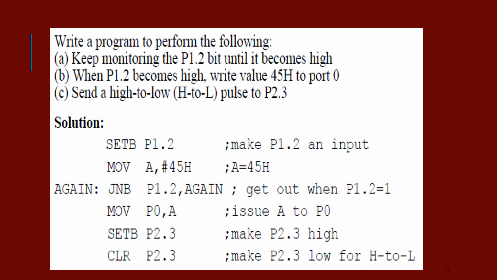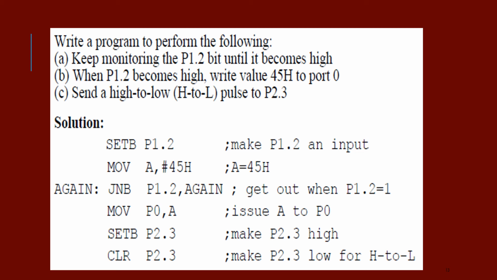So it will monitor the status of P1.2 and then repeat, jump if not bit, otherwise proceed further. MOV P0, A, then SETB P2.3, so it is made high, and then CLR P2.3, so that it is made low. Send a high and low pulse to P2.3.